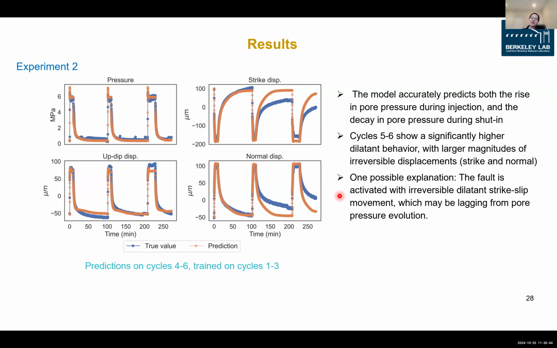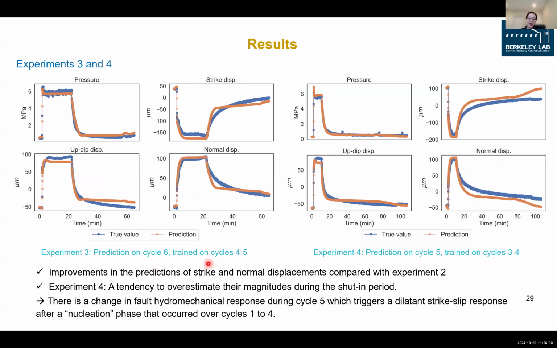So to try to answer this, we conducted more machine learning experiments. We used cycles 4 and 5 to predict cycle 6, and we see that the response of the displacements has been improved.